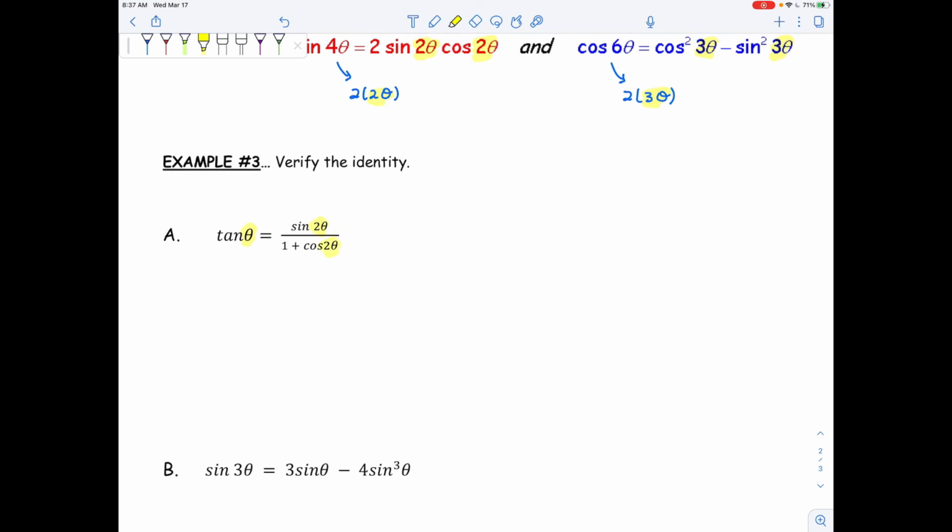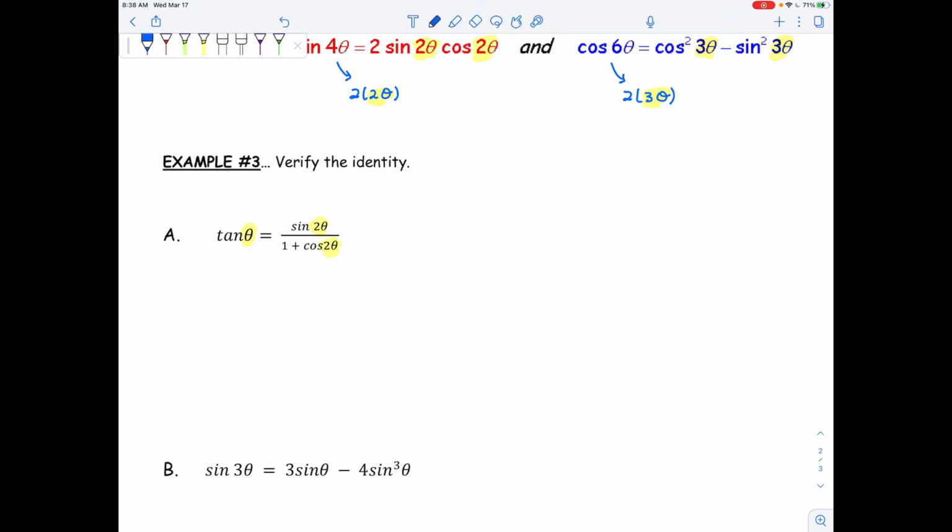So if we've got tan theta equals sine 2 theta over 1 plus cosine 2 theta, we can't do much with this until everything is in the same angle. So we'd either have to scale up to get a tan 2 theta, which is not real obvious, or we could use our double angle identities to expand the right side, which I would consider the more complicated side.